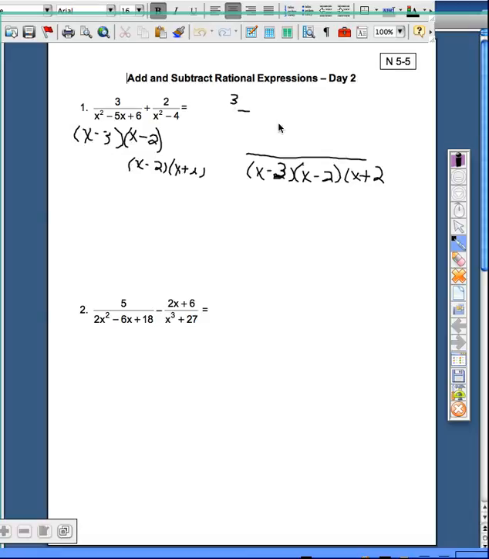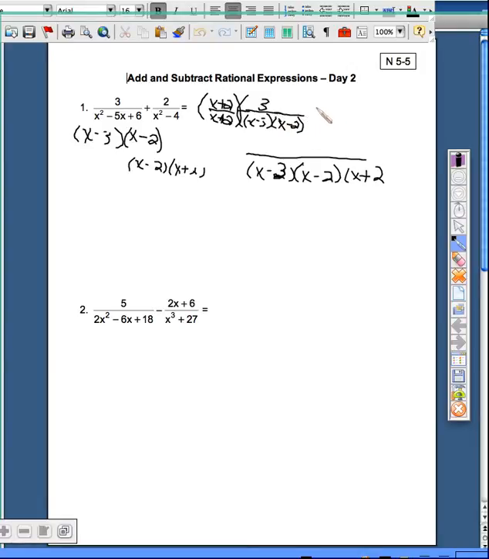So we'll have, let me erase this and I'll write it first. On this one we're going to have x plus 2 over x plus 2 times the 3 over x minus 3 times x minus 2. And that's a plus, even though it doesn't look like it.